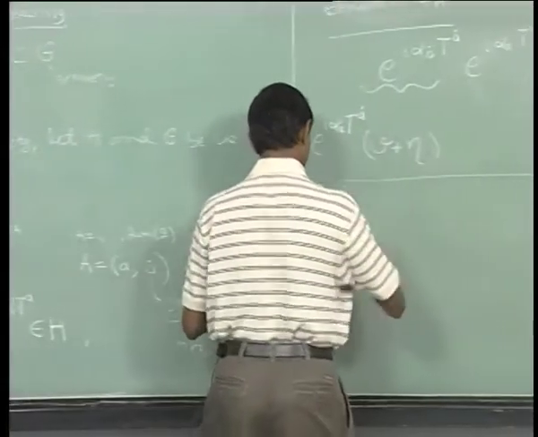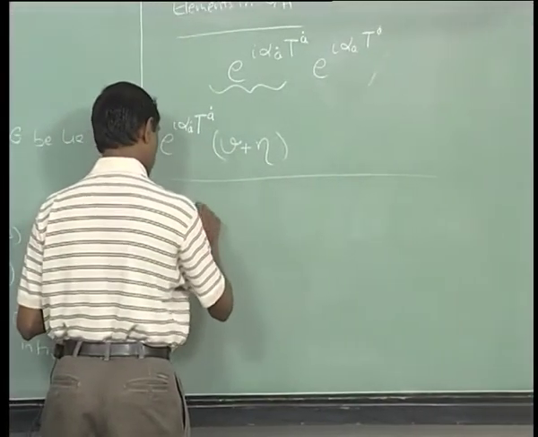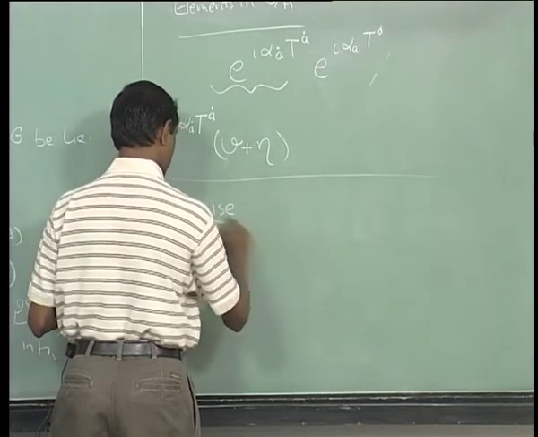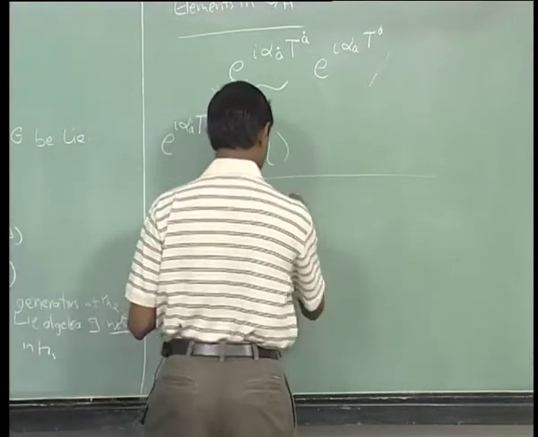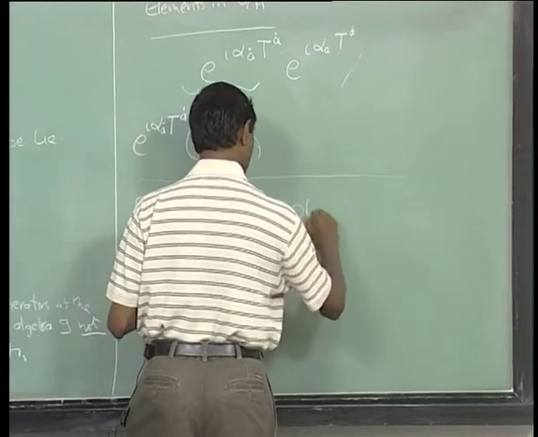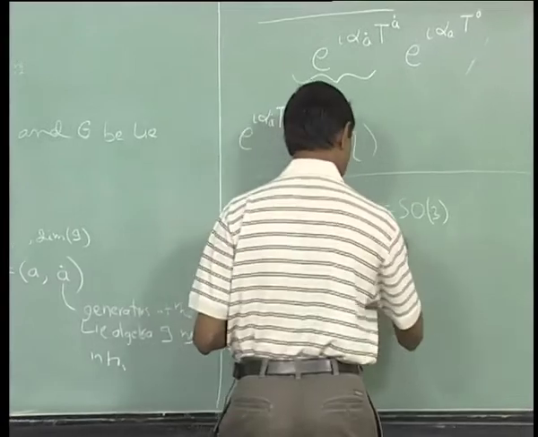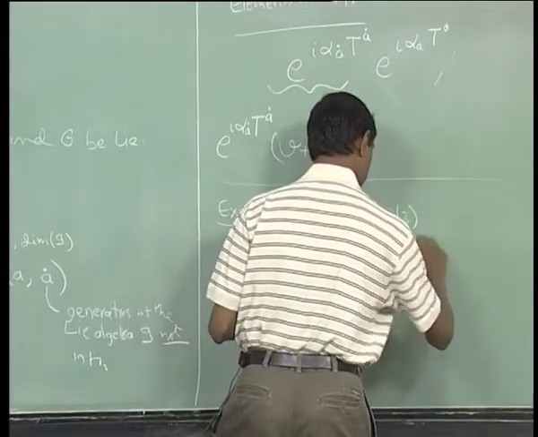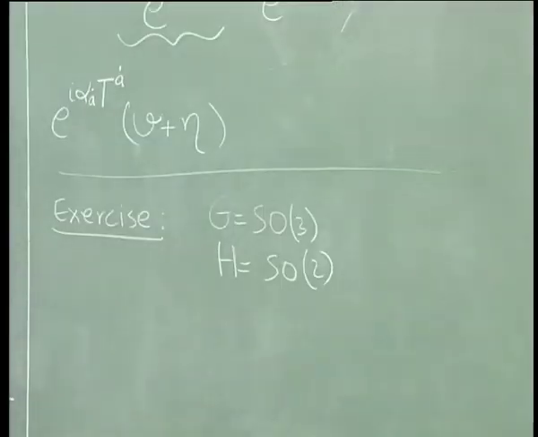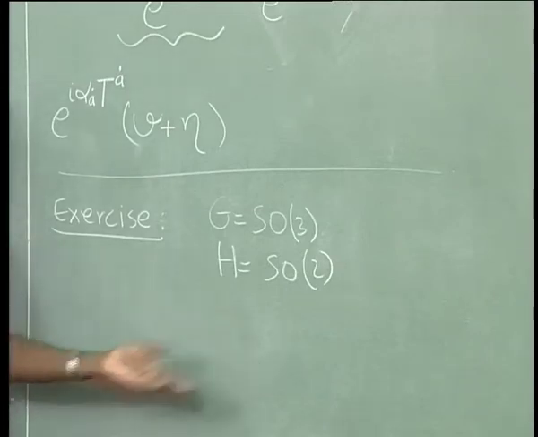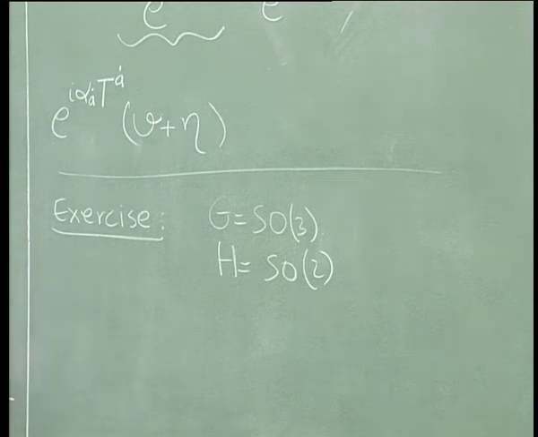So, an exercise for you: choose G to be SO(3), in the 3-dimensional representation, the normal vector, and H to be SO(2). This is nothing but choosing one vector, and H would be the rotations about it. It should by now be very easy for you to write this out and verify Goldstone's theorem for this example.